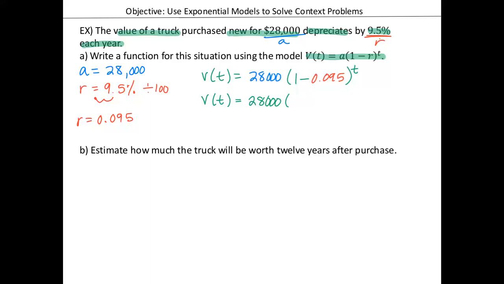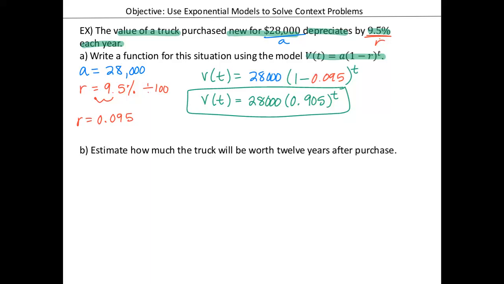Should get something less than 1, so it should be a 0 point something. Yep. 0.905. Thank you. Raised to the t power. So this is now my answer to part A.